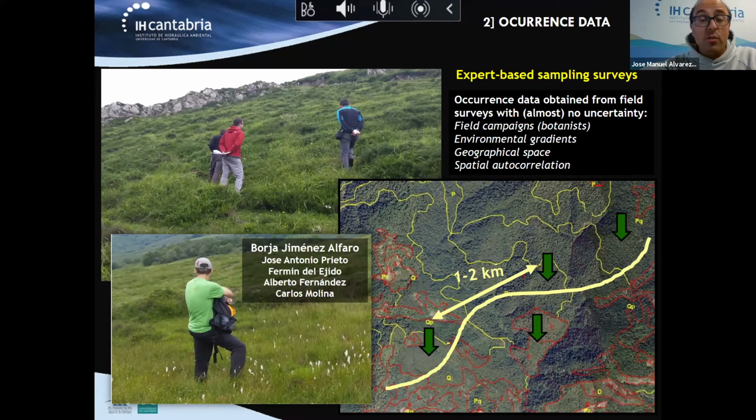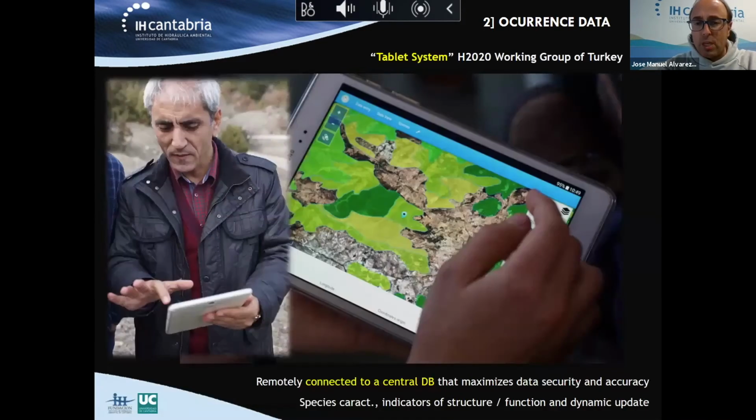In the base of the information that we are going to use for modeling, we cannot just put one point and 20 meters away another one, and 20 meters away another one, because we need to take into account a lot of statistical issues that will make our predictions reliable. Okay, that's not the topic of this talk, but it's a very hot topic that you have to take into account when you use this.